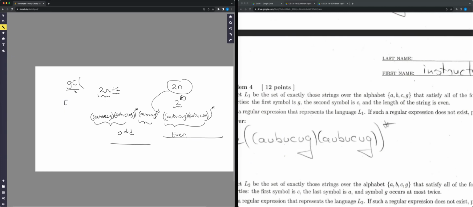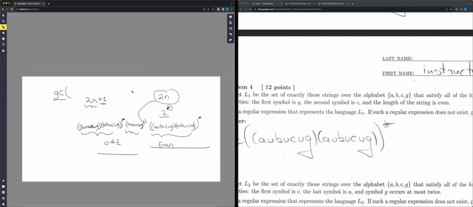But for example, if it said A is the first character, G is the second character, C is the third character, and the string needs to always be even, then I can't just add an even number of characters, right? I would need to do an odd number of characters plus an odd number of characters in order to make the whole string even. Does that make sense?